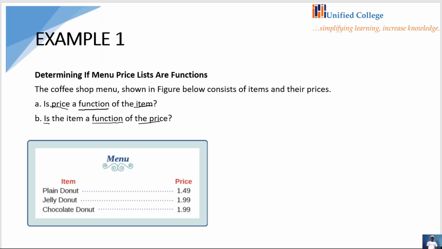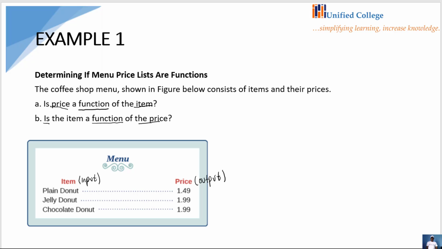Looking at all these items, we can see that each and every one of them is unique. Our items are the inputs, while our price is the output.